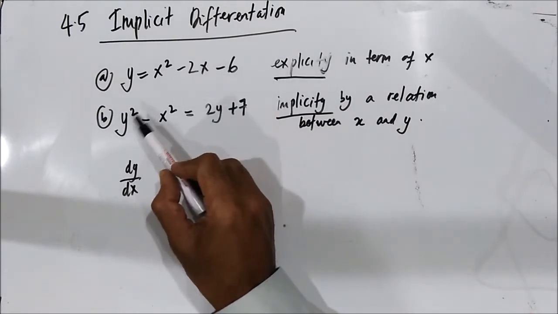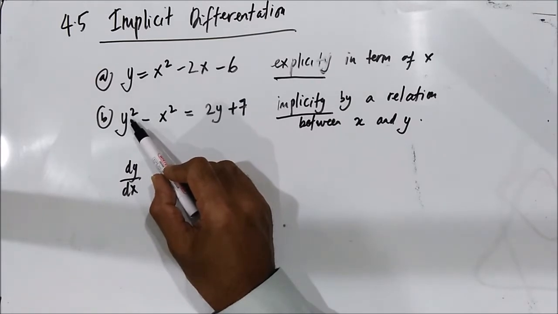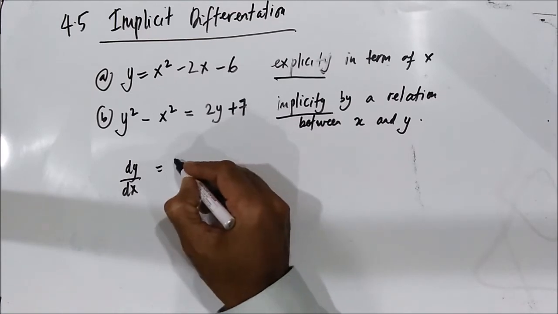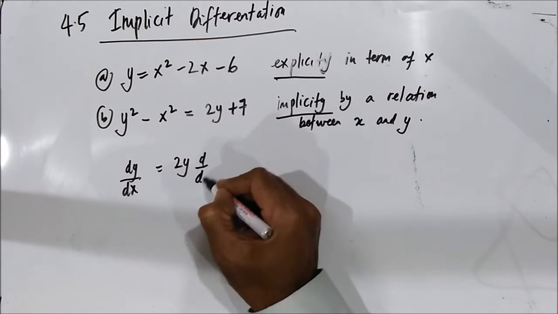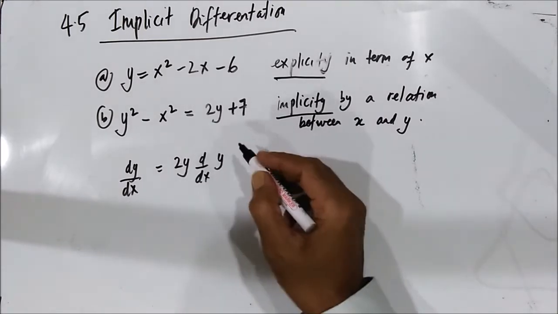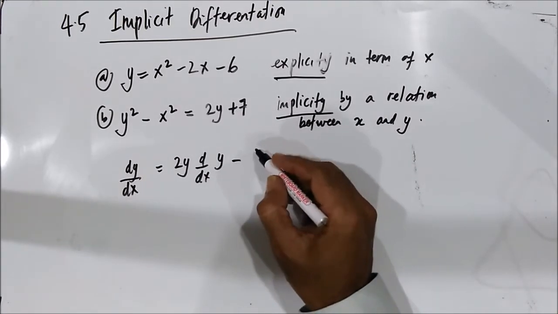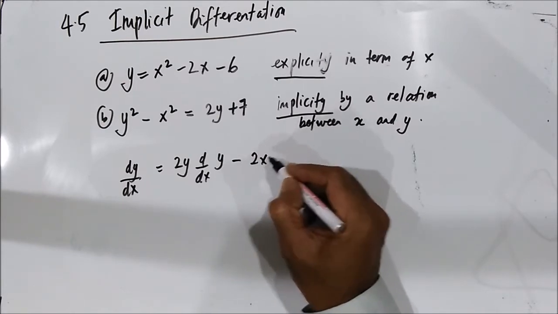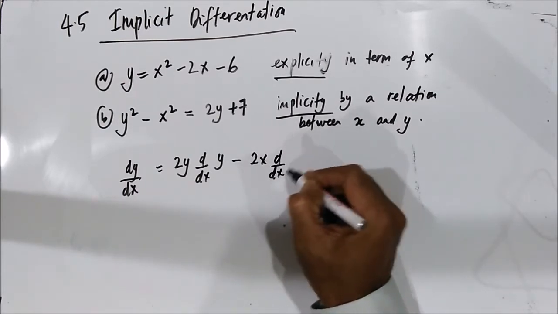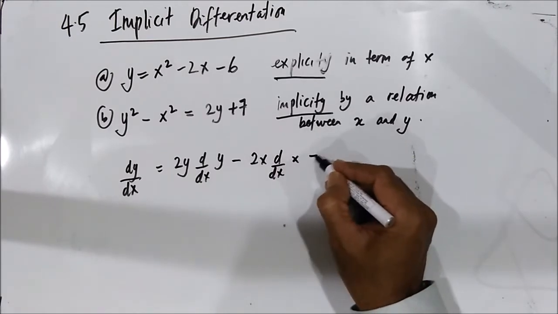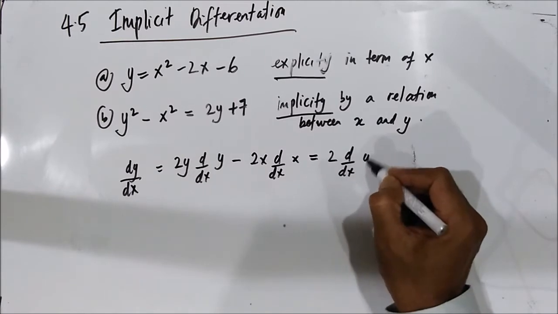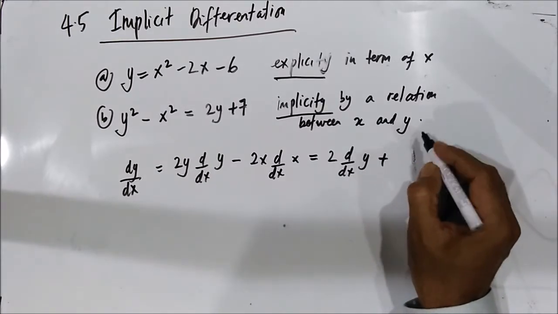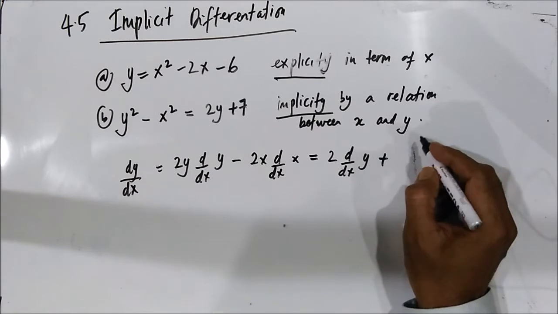If we differentiate this function with respect to x, we get 2y d/dx of y, minus 2x d/dx of x, equal to 2 d/dx of y plus the differentiation of a constant.